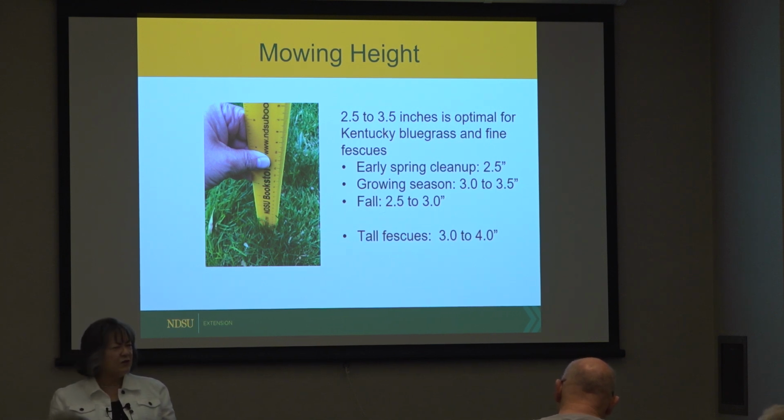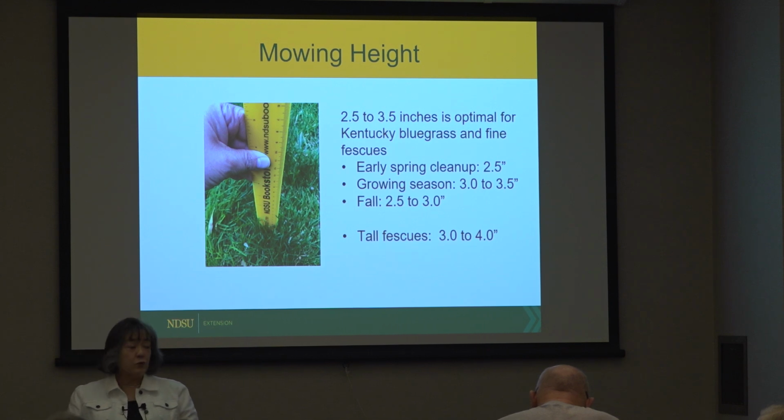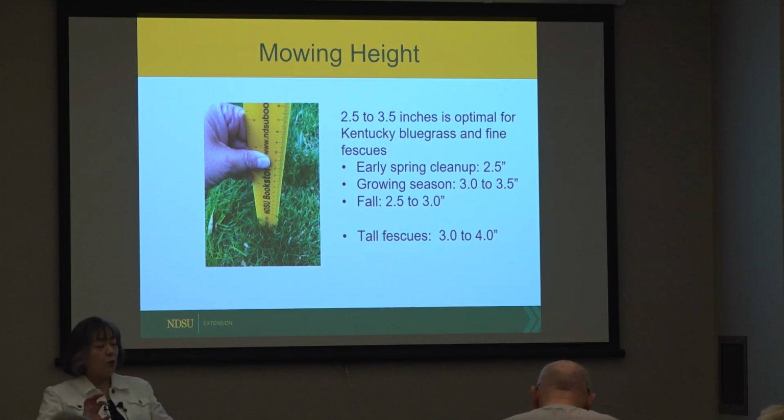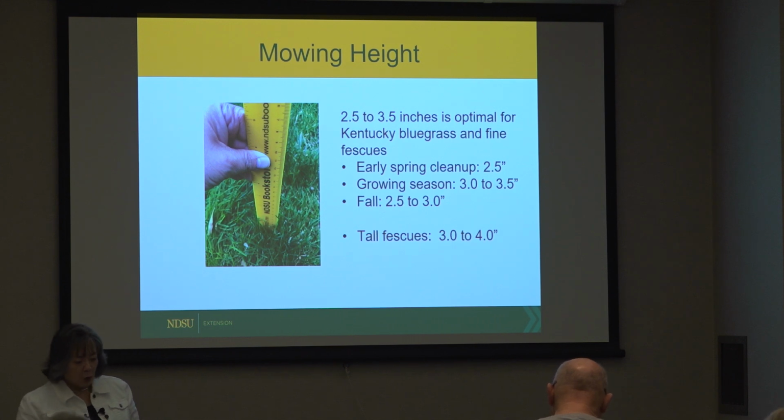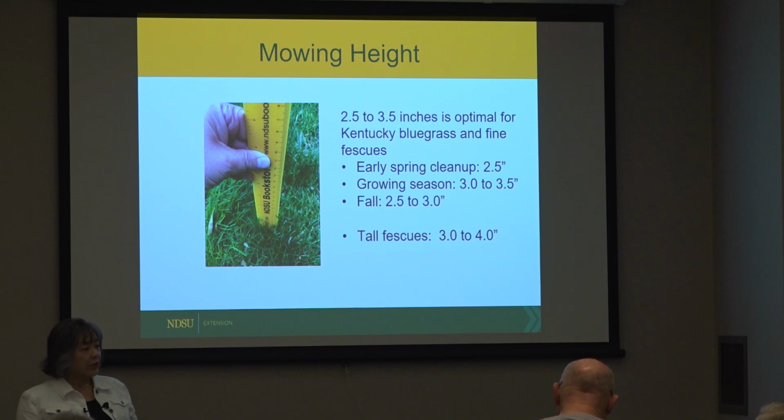I'd say the standard lawnmower, at its tallest height, is going to be 3.25 inches. But I've even seen individuals that will buy bigger wheels for their lawnmower to get that mower deck up even a little bit more. If you're one of the few that's growing a turf-type tall fescue, you can go even higher because that's a more robust grass. You can go up to 4 inches, and that will do very well.